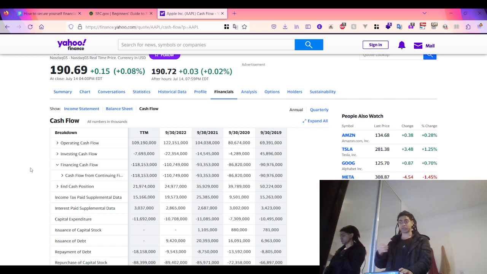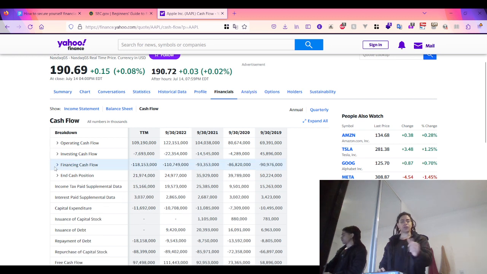So if the cash flow of the company comes primarily from its operations, that's a good sign for a business. However, if it's constantly relying on taking on debt or issuing equity, it might not be a good sign. Again, this is an oversimplification of real-life events.